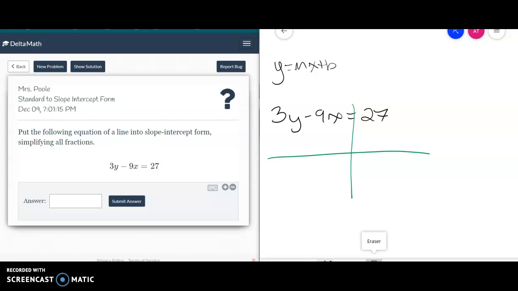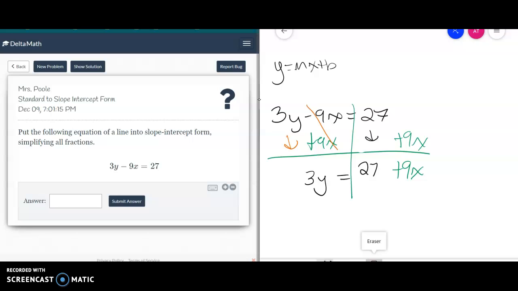Well, no, it's not, because it has a 3 attached to it, but it also has a negative 9x crowding up the way. So in order to do the opposite, I need to add 9x to both sides. And remember, since both of those can't be combined because the 27 does not have an x, we're going to leave it as is. So we have 3y equals 27 plus 9x.